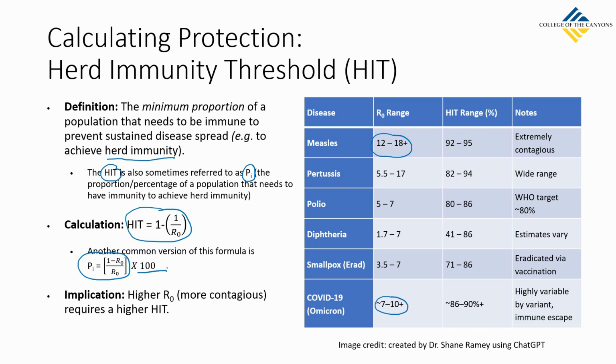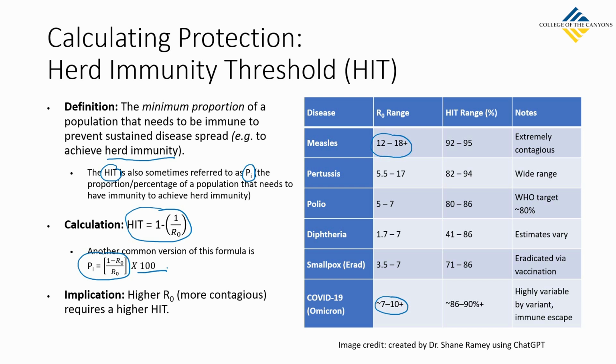Once we have that data, and this is an example of why data is so important when it comes to fighting these diseases and preventing epidemics and pandemics like we saw with COVID-19, once we've calculated R naught to some level of accuracy, we can use that value to calculate the herd immunity threshold, and then we can set goals in terms of vaccination rates.